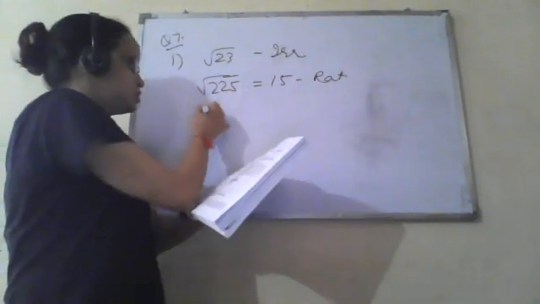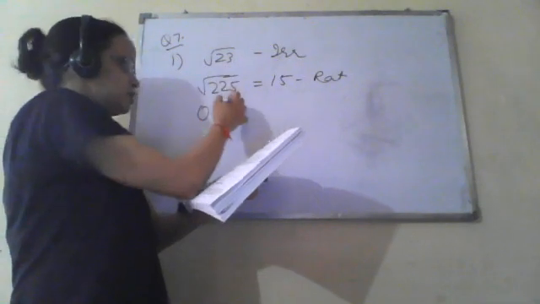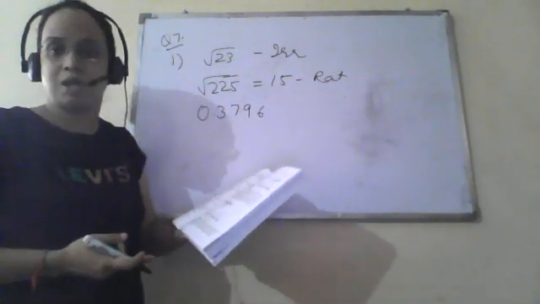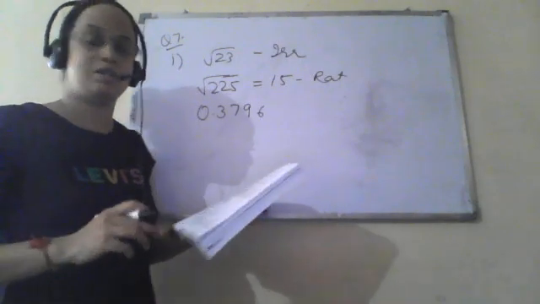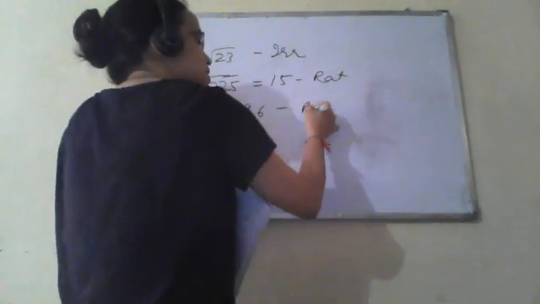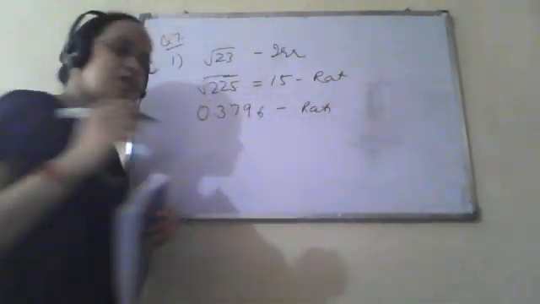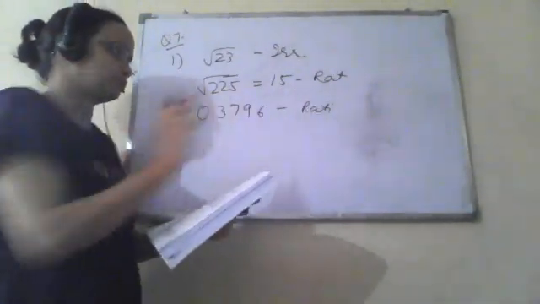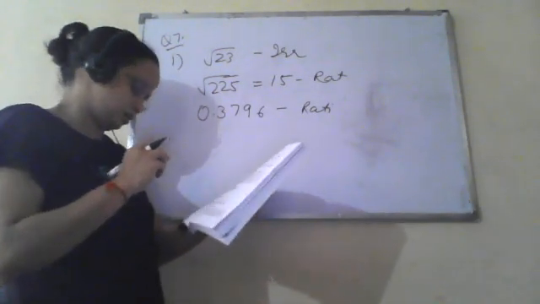Now next is 0.3796. It is a terminating decimal expression, and terminating decimals are rational, because when I explained rational numbers, they are either terminating decimal expressions or non-terminating repeating decimal expressions.